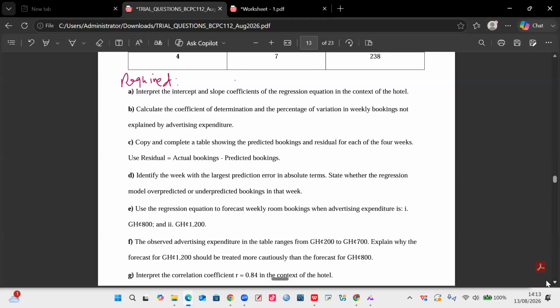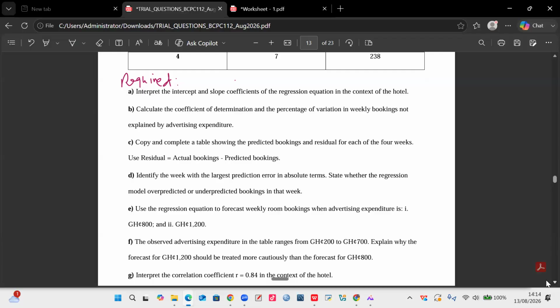C. Copy and complete a table showing the predicted bookings and residual for each of the 4 weeks. Use residual equals actual bookings minus predicted bookings.